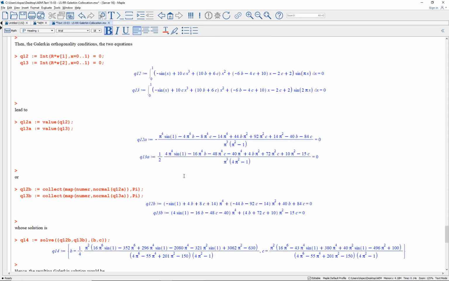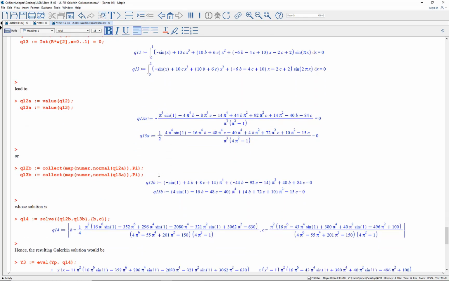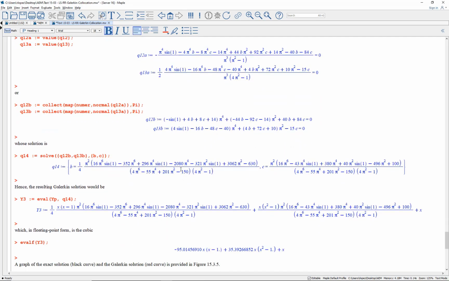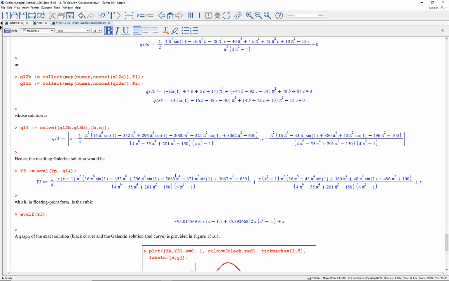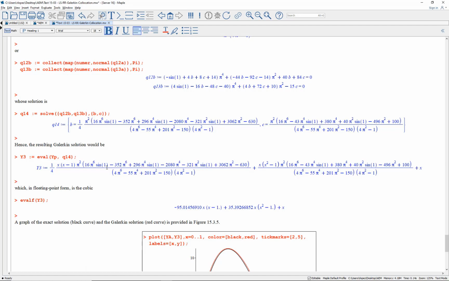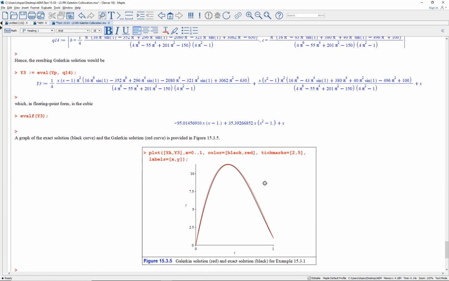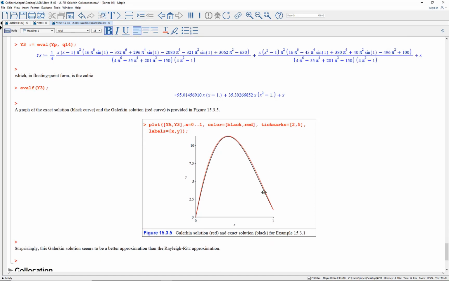These are the values you need to solve. You obtain a solution for B and C. That gives you a y3, a third approximation. Here's what it looks like in floating point form. You draw a graph, you see how close visually the approximation is to the exact solution.